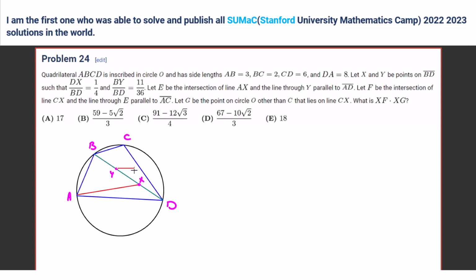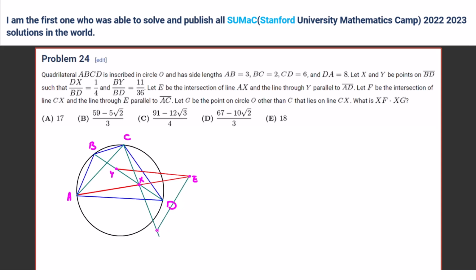Let F be the intersection of line CX and the line through E parallel to AC.